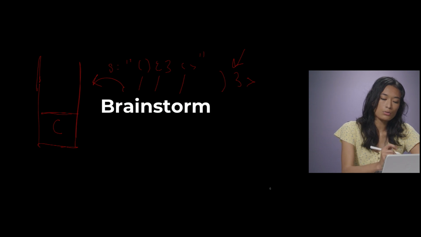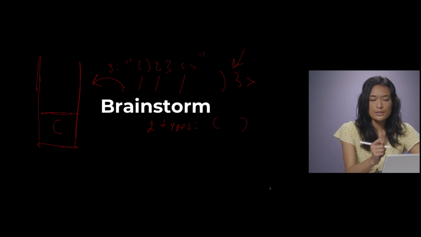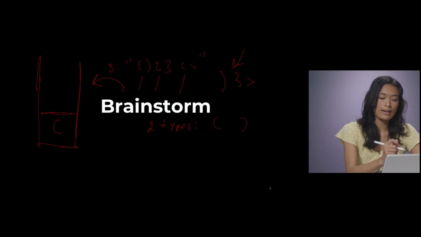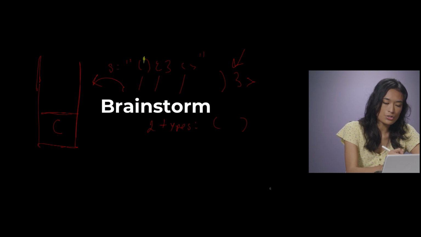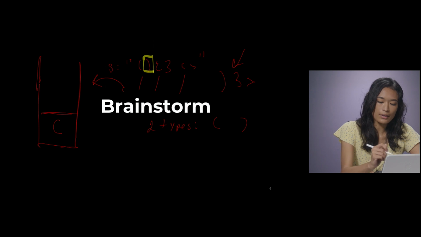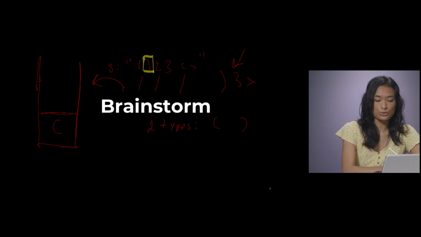Now remember, there are only 2 types: opening and closing. So I want my closing parentheses to be somewhere else so that I can compare them properly. I'm at this point in the string, and I want to compare that with the opening parenthesis that I had stored.